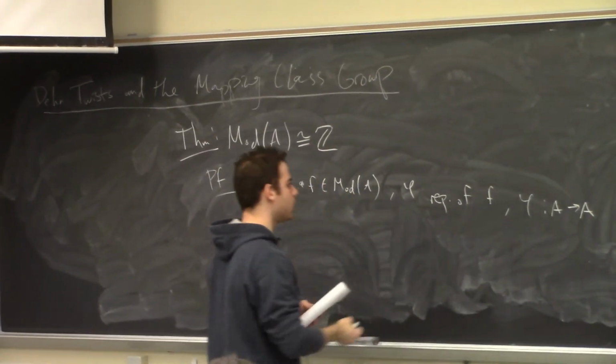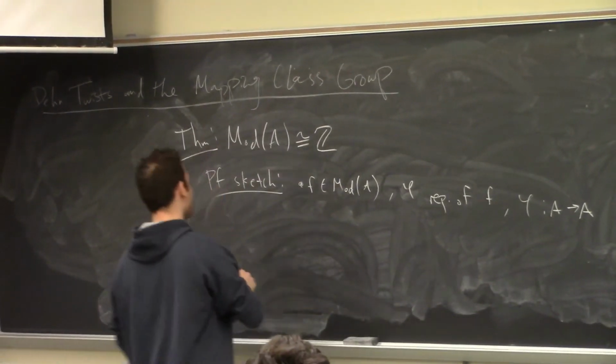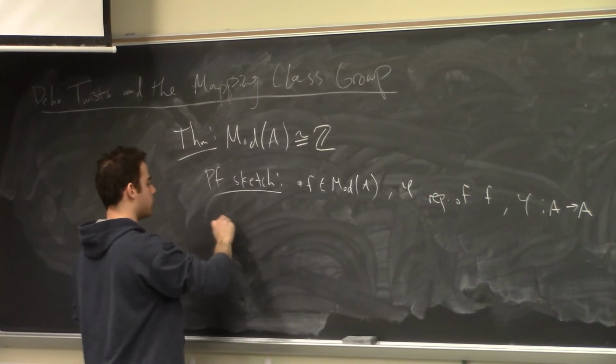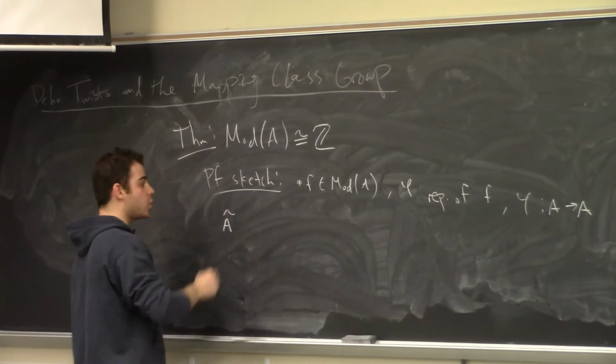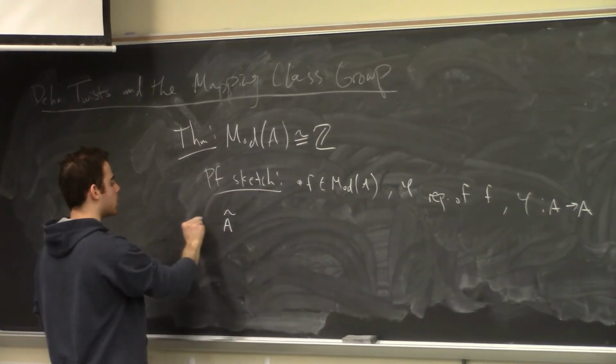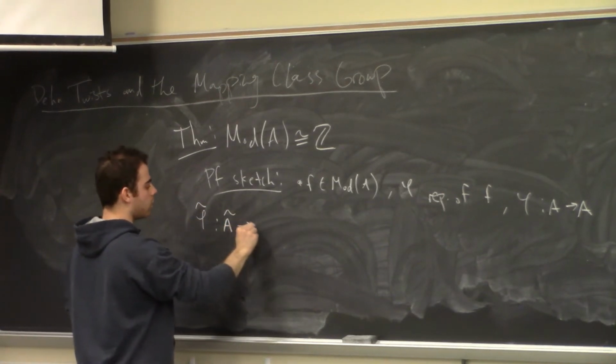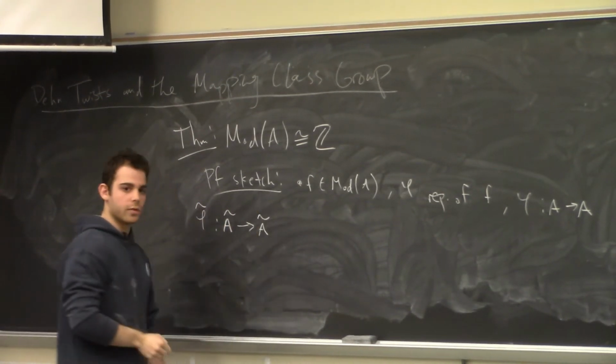The universal cover of A, the annulus, I'm just going to denote by A tilde. So you can lift phi to a homeomorphism of the universal cover to itself.